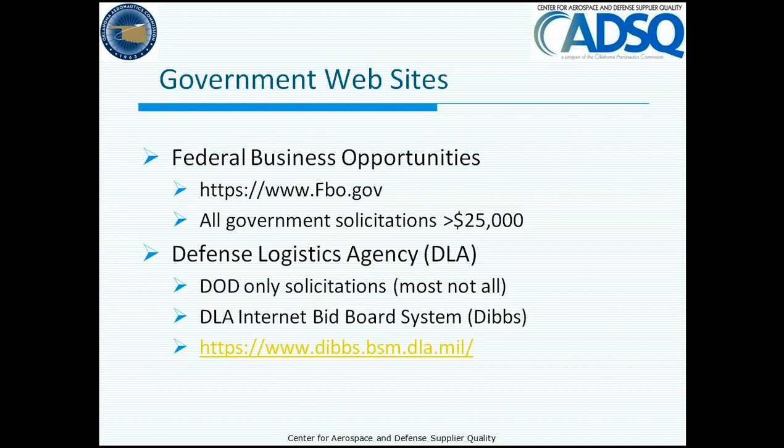DLA initially started out, I don't know, 20, 25 years ago as a pencil and paper organization. They just delivered small items. And over the years, decisions have been made within the Department of Defense to transfer the procurement of all items, and they're in the process now of transitioning repair of items to the DLA websites. So I'm going to show you that's becoming a more and more important website.